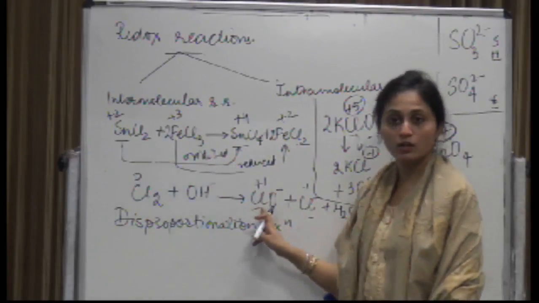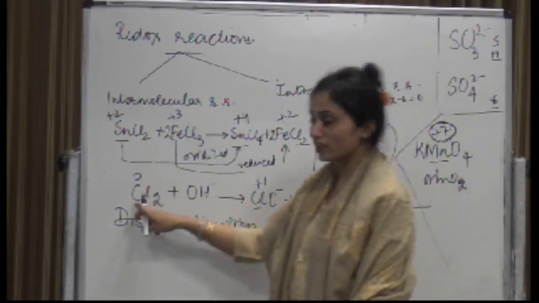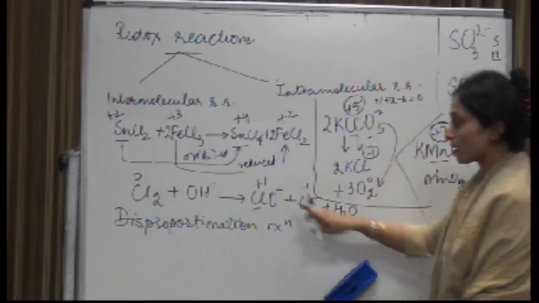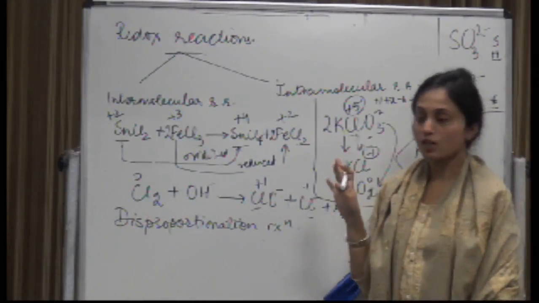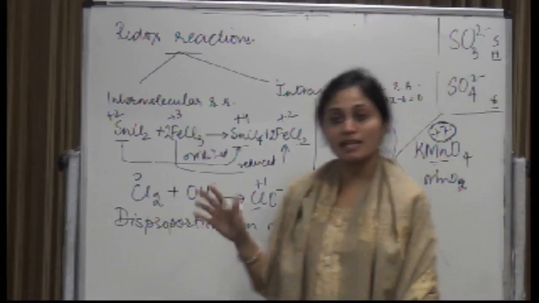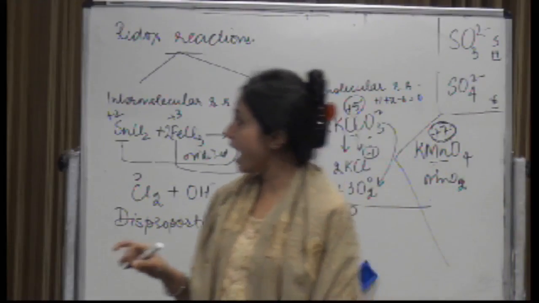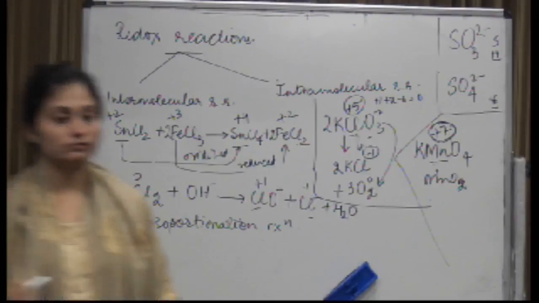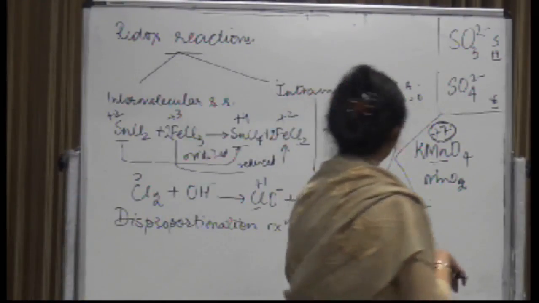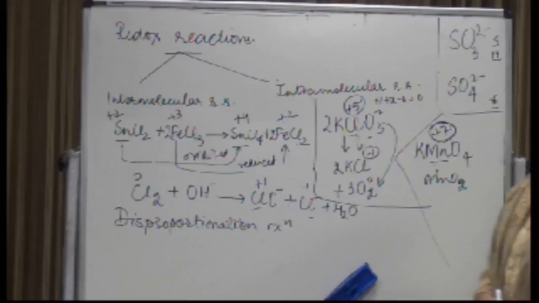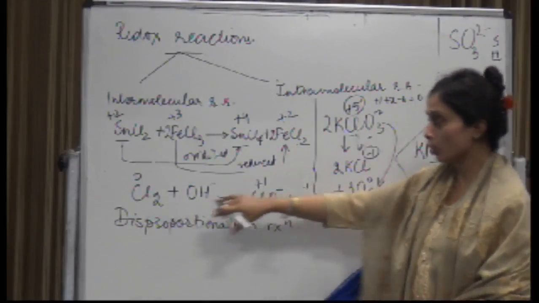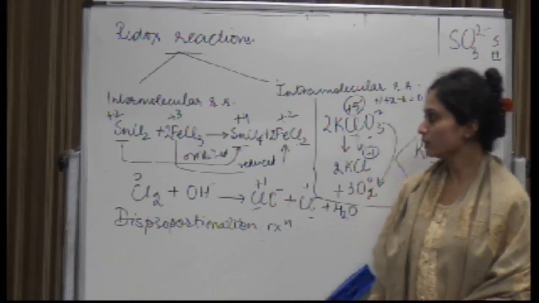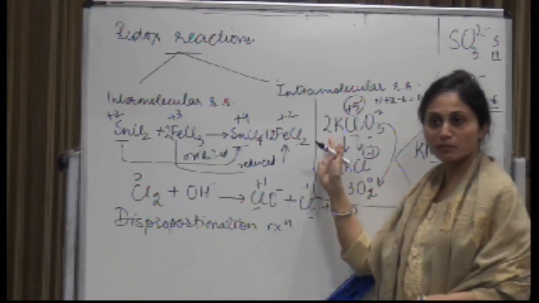It is getting oxidized, and here chlorine is also getting reduced from 0 to -1. So such reactions in which the same element is getting oxidized and reduced are known as disproportionation reactions.